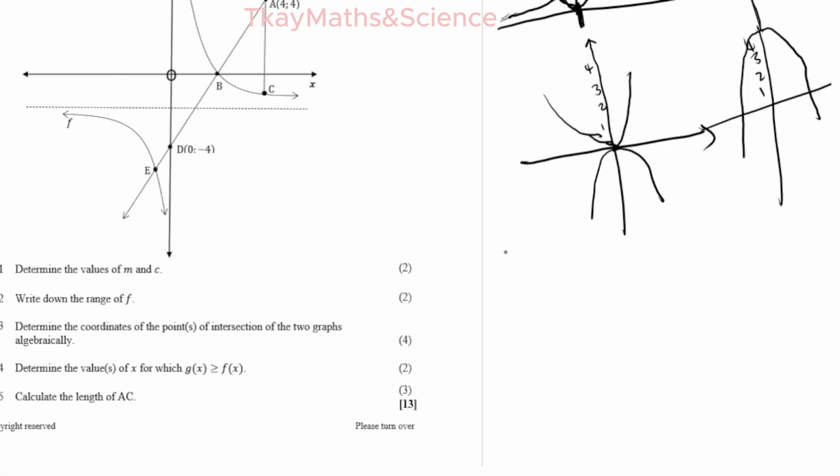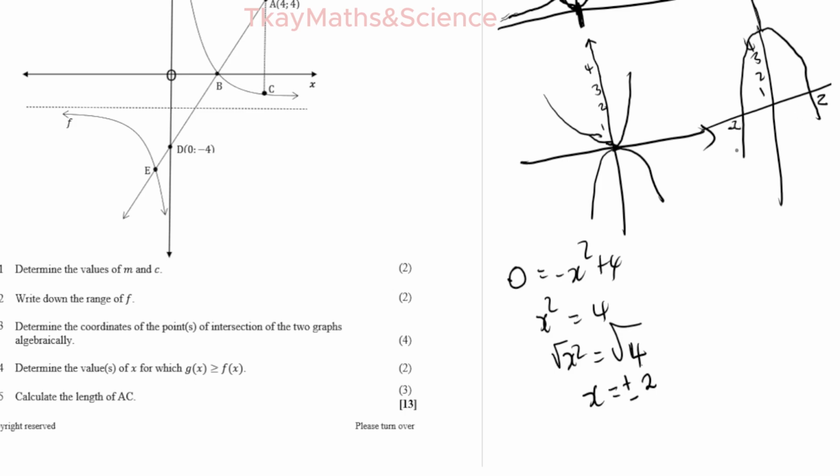So 0 is equal to minus x squared plus 4, right? Then you put x aside, so it's the square root of x squared equals the square root of 4. So now x is equal to plus or minus 2. Remember the square root of 4 is plus or minus 2. As you can see, this side is negative, this one is positive, so the negative is going to come here, negative 2, then the positive 2 here.